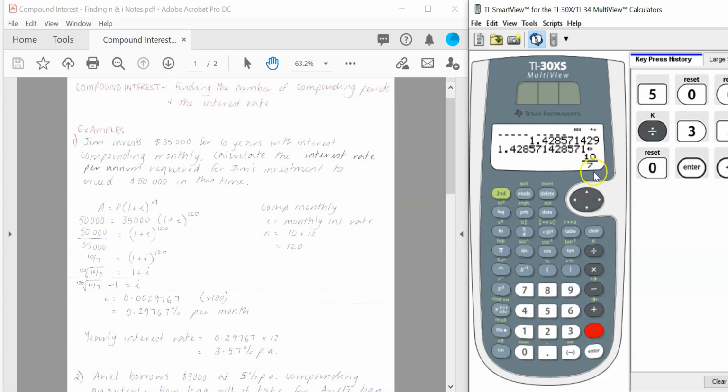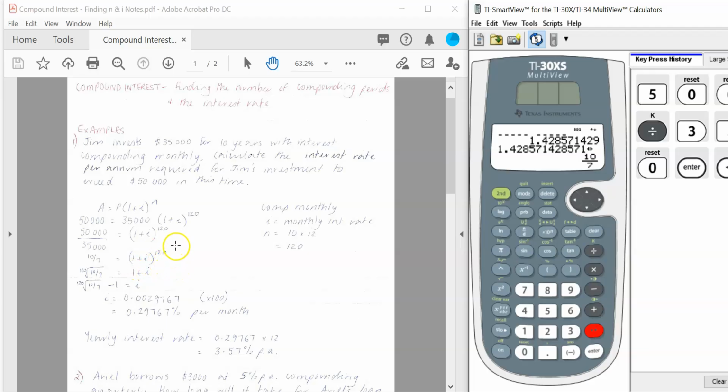That fraction is the exact value, and so rather than rounding this decimal, I've decided that I'm just going to write the fraction here so that I can keep the exact value. So we've got 10 over 7 is equal to 1 plus I to the power of 120.